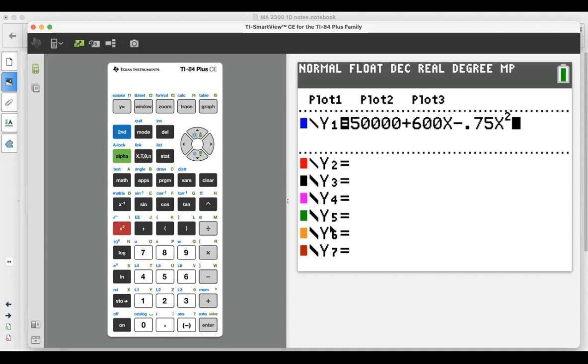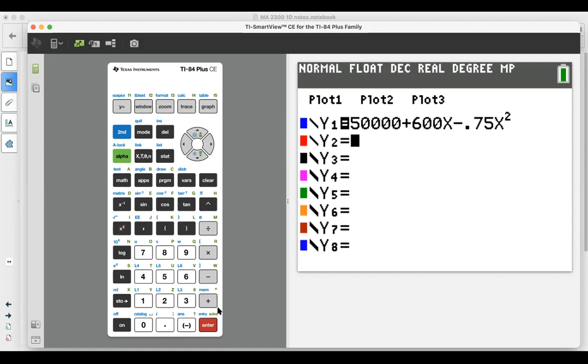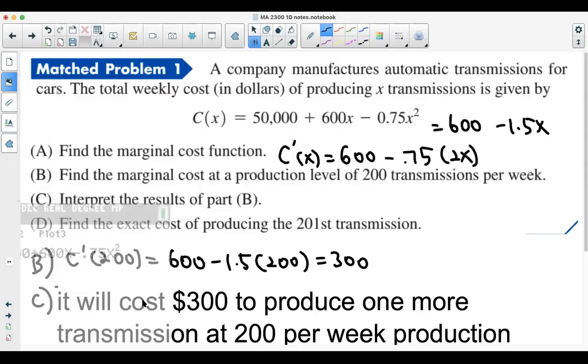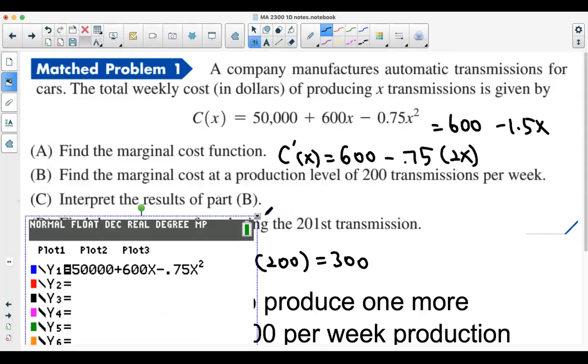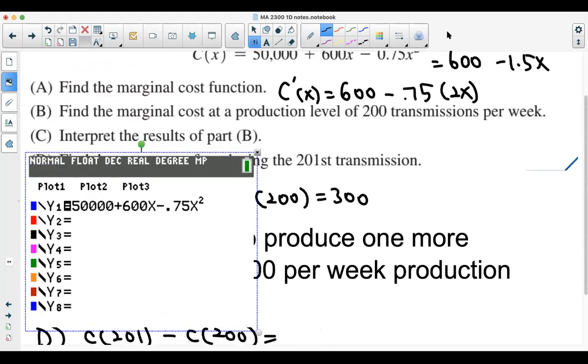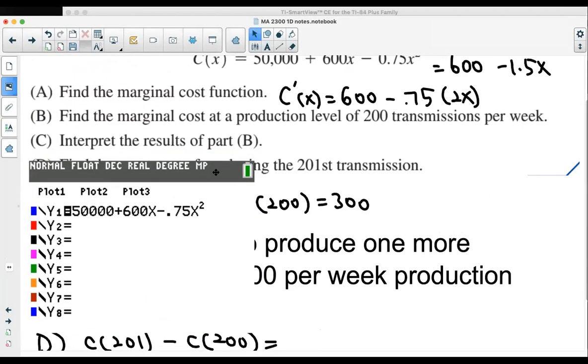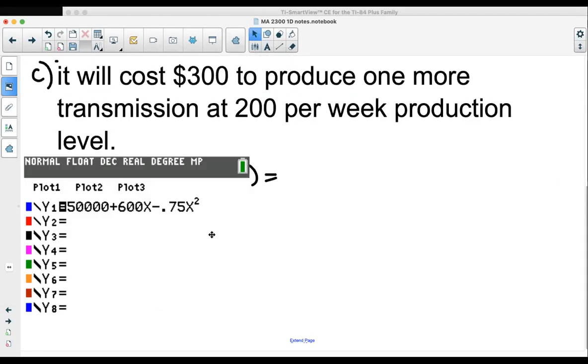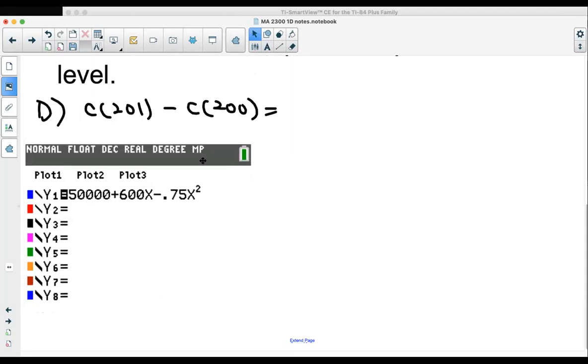So that's what I have. All right, so that's what I'm plugging in.